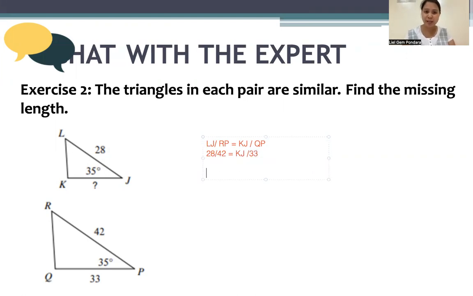Or another way is you can divide 28 over 42 first. That's going to be 7 over, divide both by 7. So 4 over 7. It's 14 by 21. We first check.